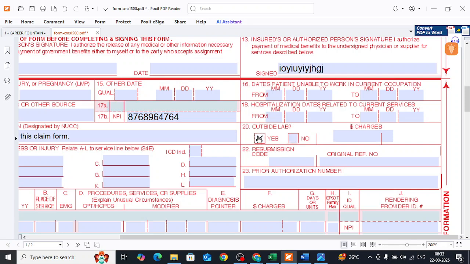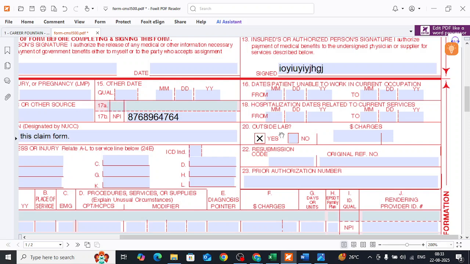If the patient is going outside, generally what will happen is if you are going to any doctor and he says that he needs some blood report, but the pathology is not available in his clinic or the hospital, what we'll do, we'll go to an outside pathology lab, take the reports from the lab and come back.